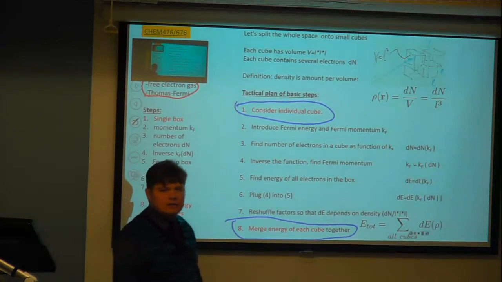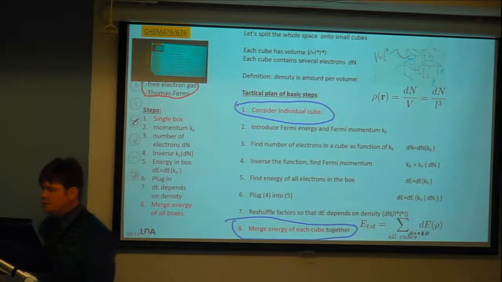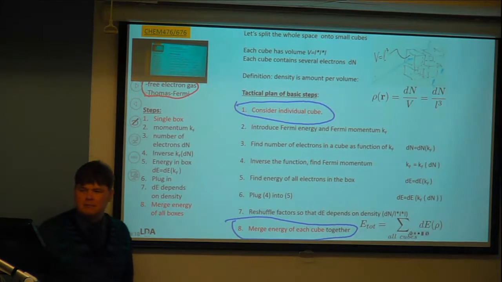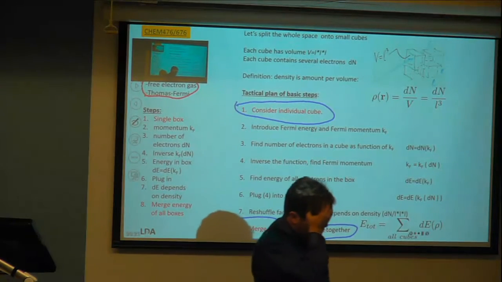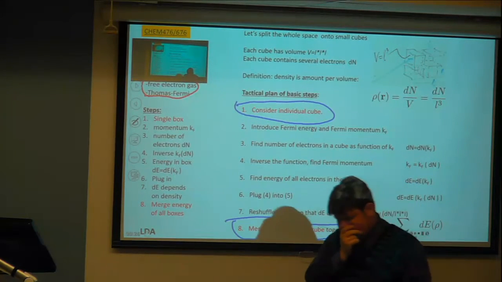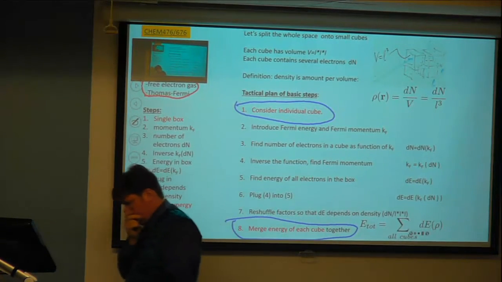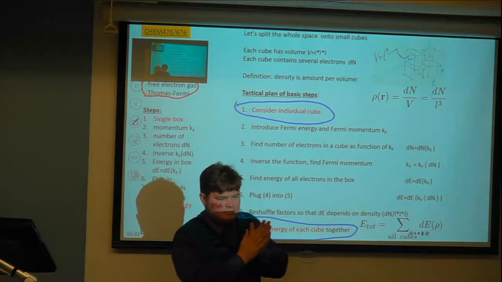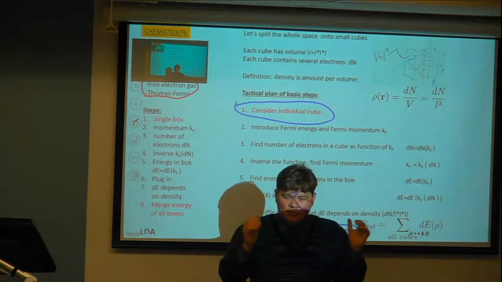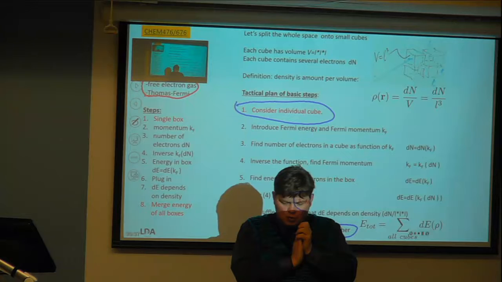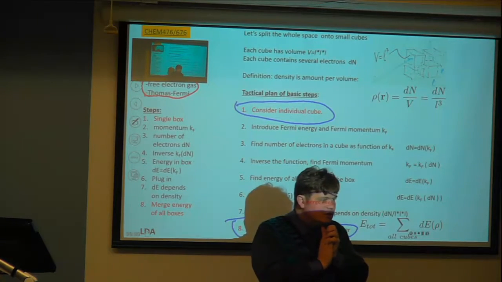So here's my plan for today, which I hope very much to complete. Even if I don't complete it, I will just mumble and tell the overall context. We are not going to describe the real world today.